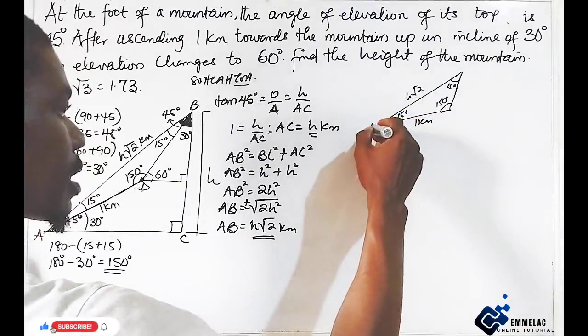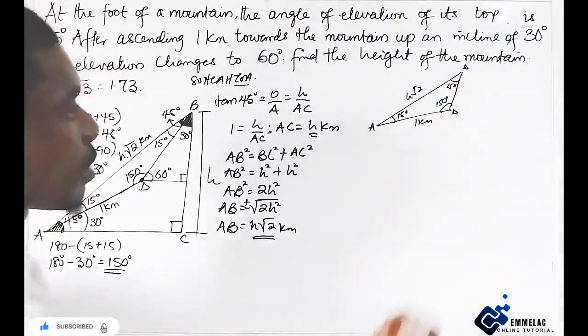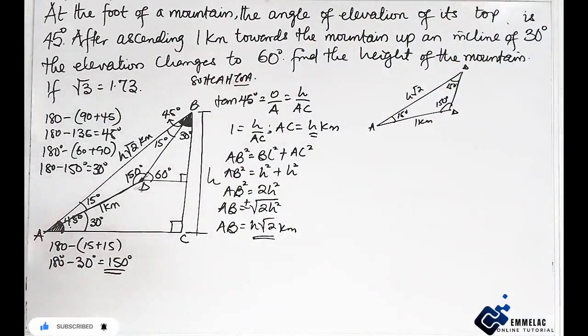So this is A, this is B, and this is D. We tend to look for the height.